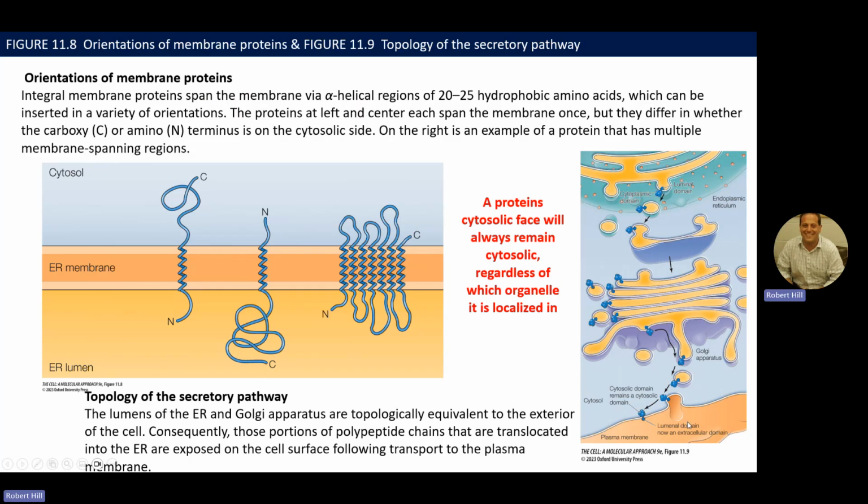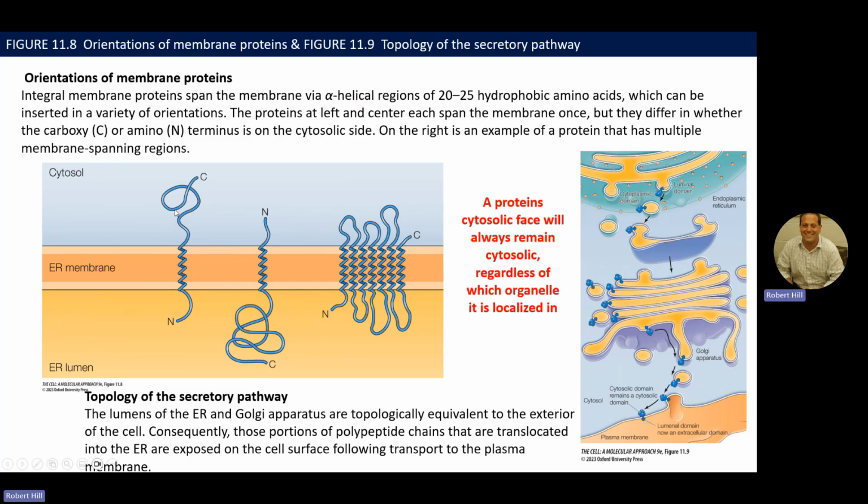So whatever is in the lumen of the ER is going to be on the extracellular side for transmembrane proteins that are bound to the plasma membrane. Does that make sense? And it's because the chemistry of the lumen is more similar to the extracellular environment than the cytosol is. Cytosol has special chemistry. It's a highly reducing environment. It's low in calcium, things like that.